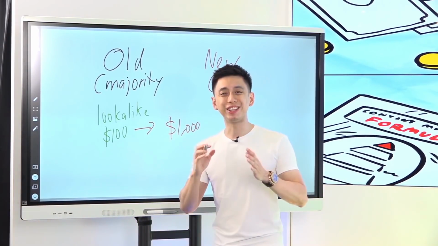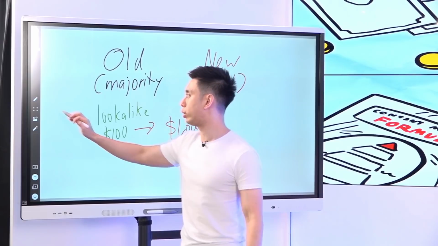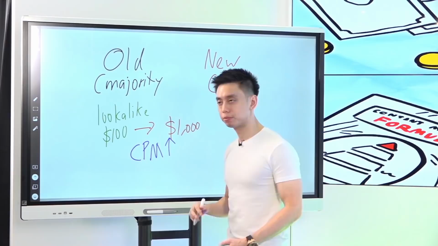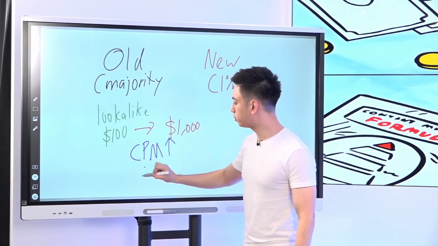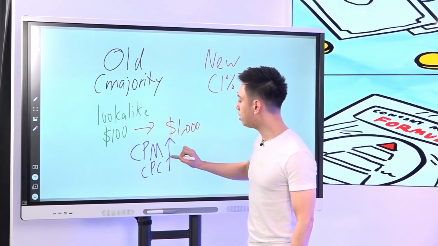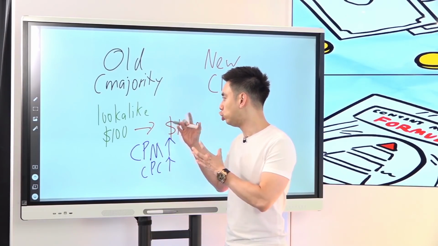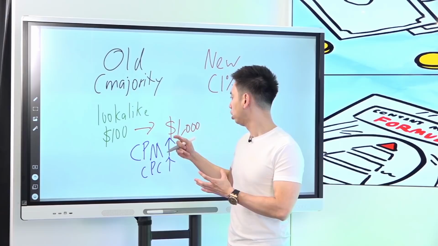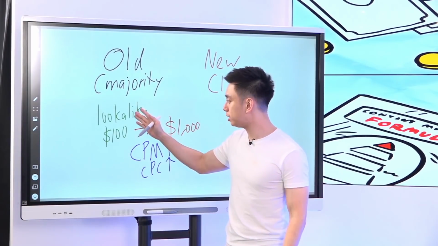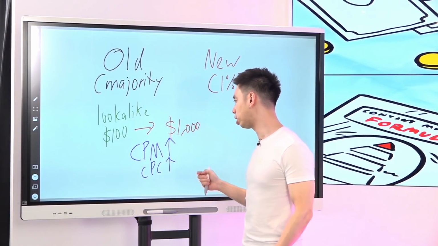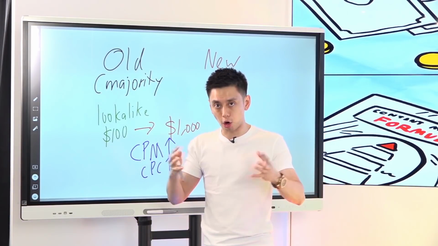Now, the moment they do that, what they're going to realize is the CPM, cost per 1,000 impressions, is going to shoot up, cost per click is going to shoot up. Everything rises. Why? Because the audience and the sample size is not big enough for Facebook to continue scaling, right? It's a good audience, it's a hot audience, but when you want to scale to $1,000, $5,000, $10,000 a day, Facebook can't do that because the audience is not big enough.